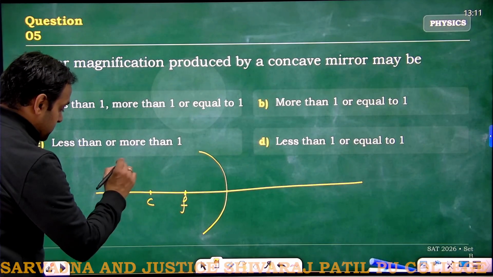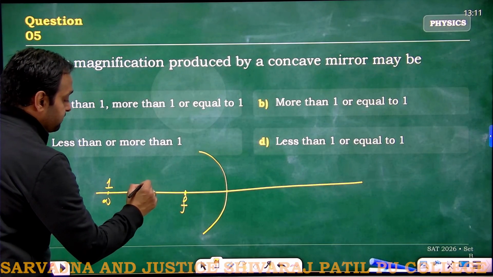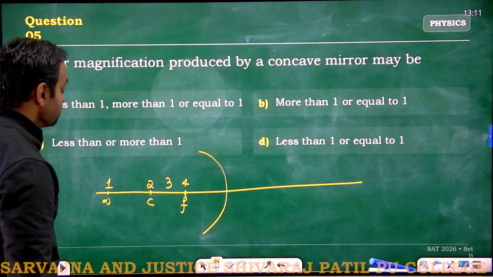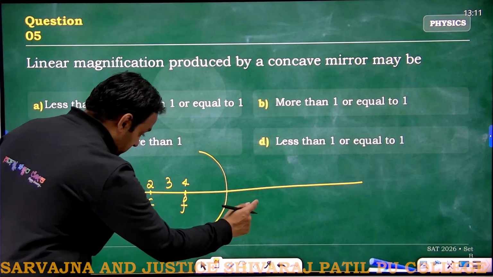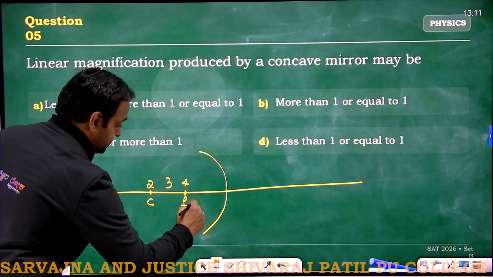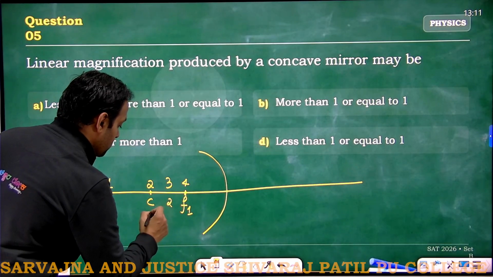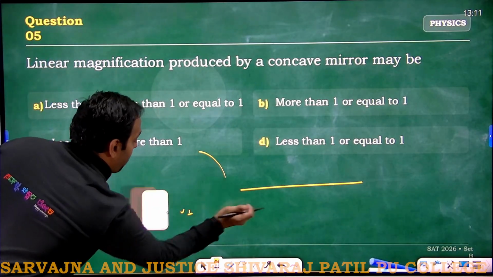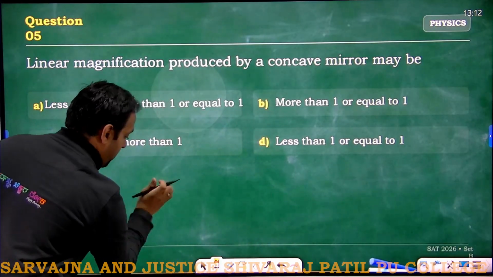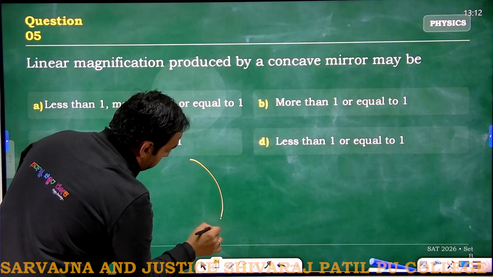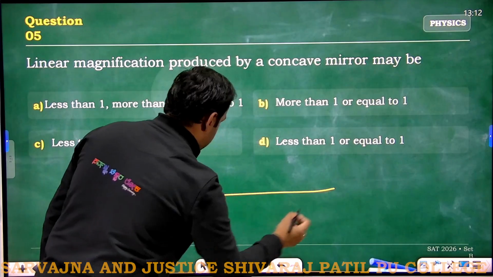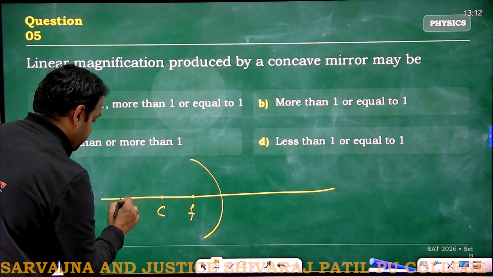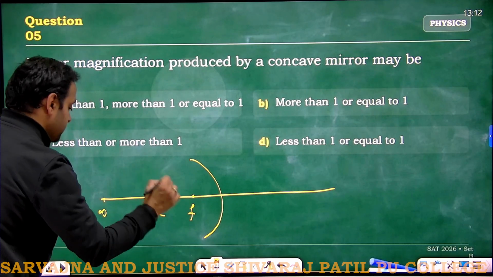What you do is start numbering 1, 2, 3, 4, then start numbering from right to left. Sorry. This is your focal length, this is your center, and somewhere here let's say it is infinity.